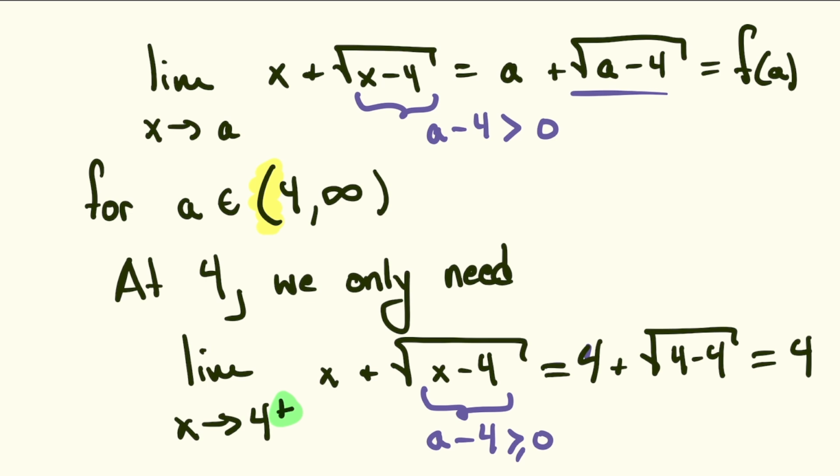We have an issue if we had to go below 4. And the problem for that, just as an aside, is if we took the limit as x goes to 4 from the left-hand side of x plus square root of x minus 4.